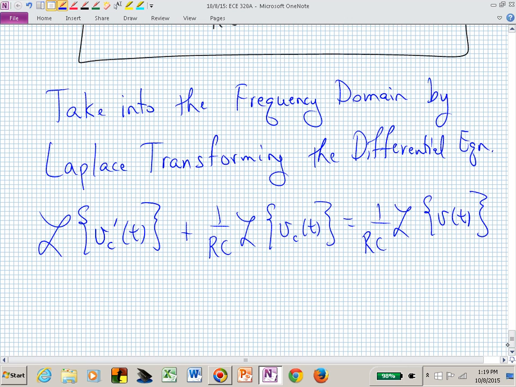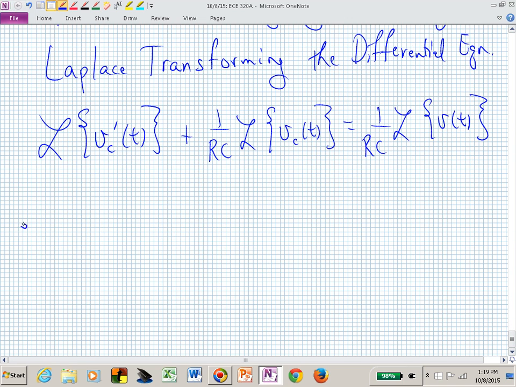Do you remember what the Laplace transform of a derivative produces? That introduces this factor of s that scales the Laplace transform of little v sub c, which is capital V sub c. But in general, when we're taking the Laplace transform of derivatives, what do we also need to keep track of? Initial conditions. And this is now minus v sub c of 0 minus.